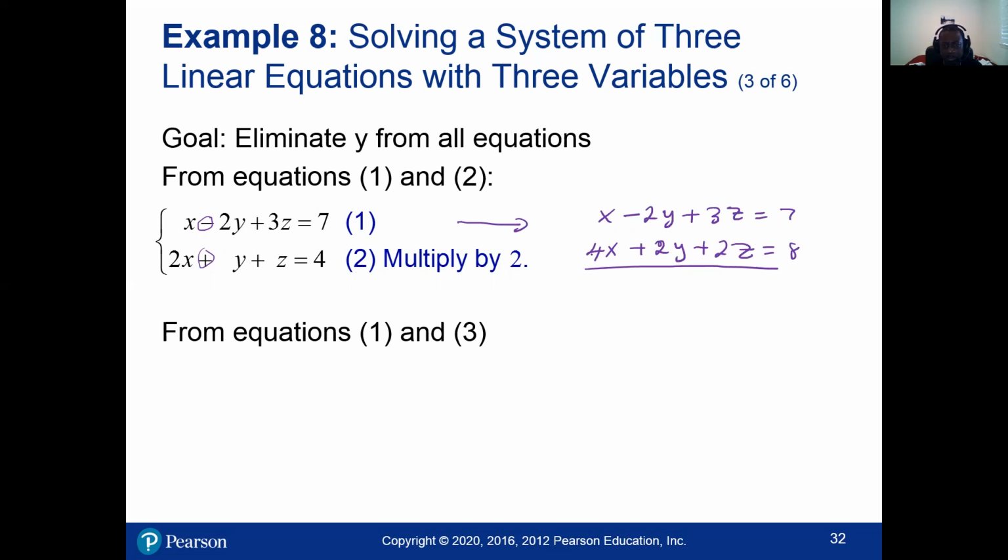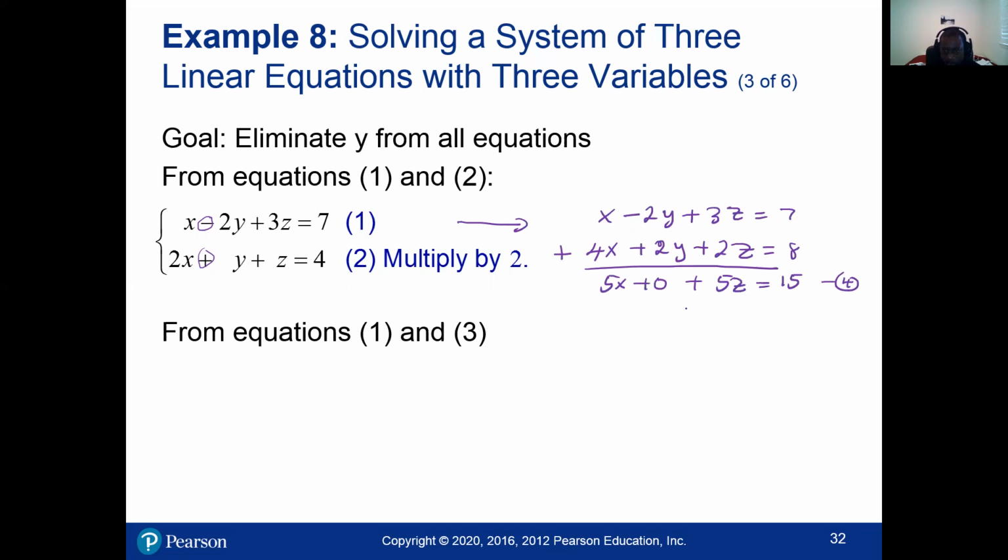So we add them. That gives me 5x plus 0 plus 5z equals 15. We'll call this equation 4.